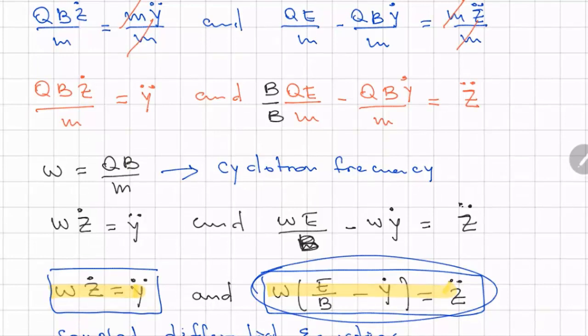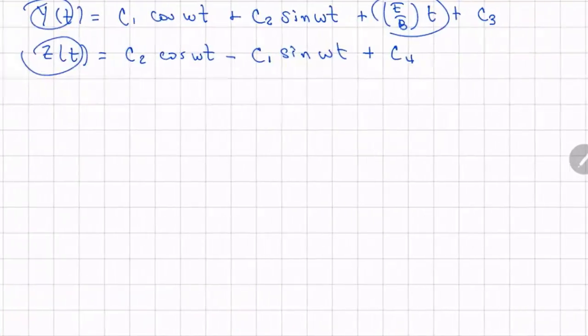Actually, I will write a comment of how we can get those solutions. Okay guys, so don't worry about it. Those are the solutions: y of T is C1 cosine of WT plus C2 sine of WT plus E over B T plus C3, and z of T is C2 cosine of WT minus C1 sine of WT plus C4.